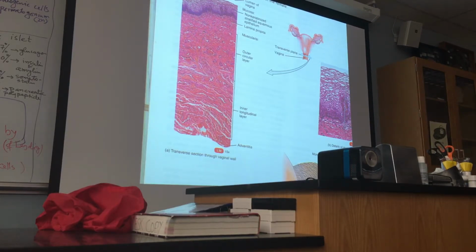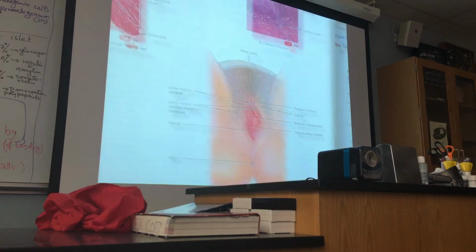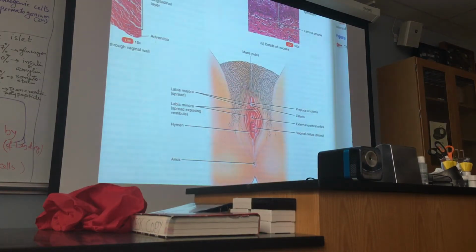And this structure here, this is mons pubis. This area is called vulva, which contains all the reproductive structures and all the openings. In this region, this is the opening of the vagina, vaginal orifice.